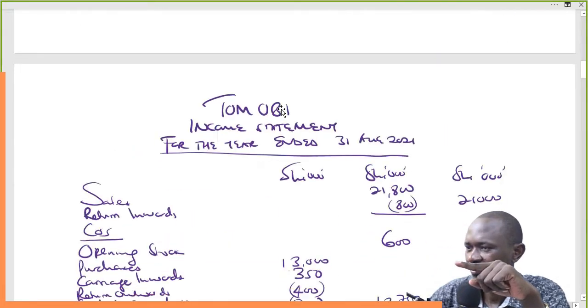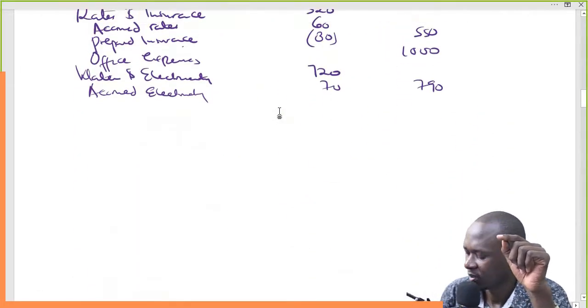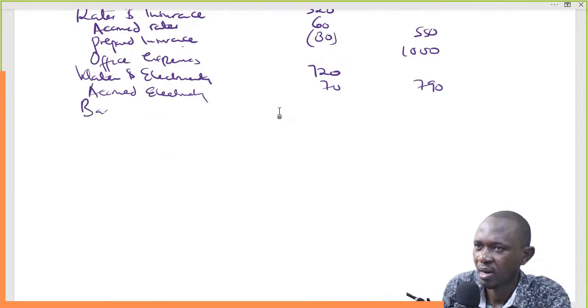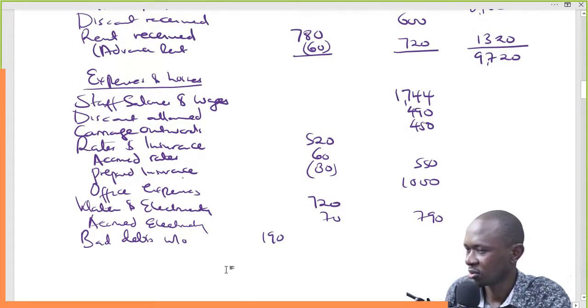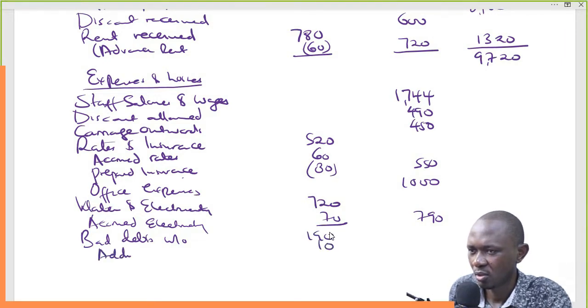Bad debts written off, it's 190. Since we have workings, bring it in the innermost column. Oh, sorry, it's not supposed to be there. It's supposed to be here. So 190 plus 10, which is the additional bad debts, makes it 200. Good.